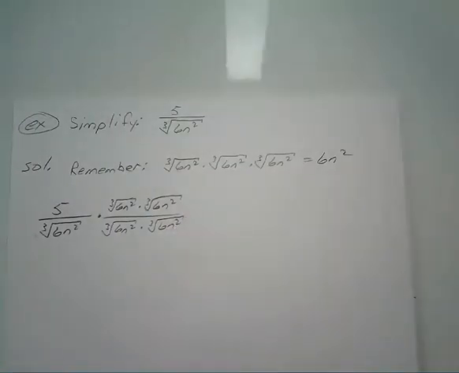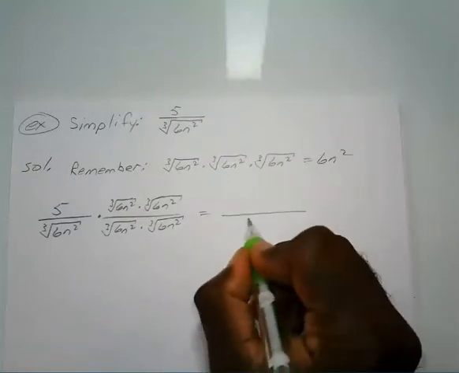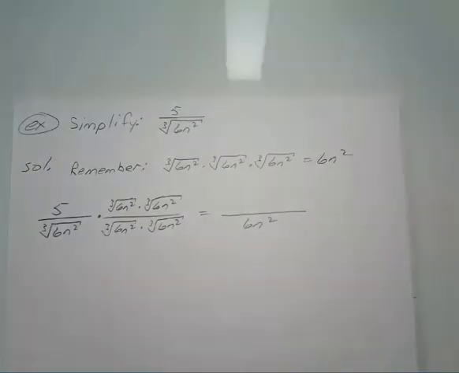Okay. So if you notice, all we did was multiply 2 more cube root of 6n squared, because this way all 3 of those would just cancel out and leave us with 6n squared. Okay, so we know our denominator is just going to be 6n squared, because all 3 of those canceled out.